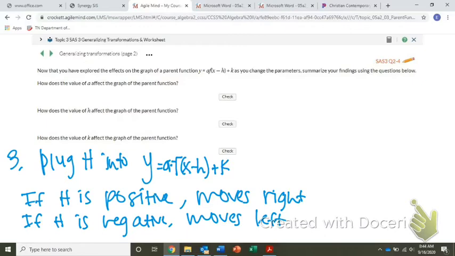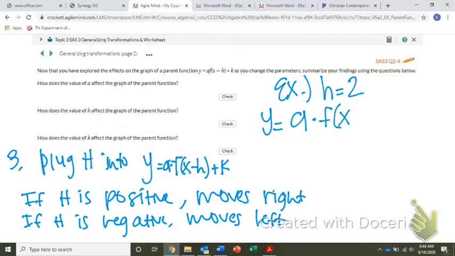So first, our example is h equals 2, a positive 2. Now, if I plug h into my equation, I get y equals a times f of x minus h plus k. All right, that's our function rule.